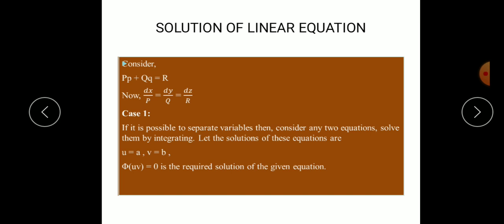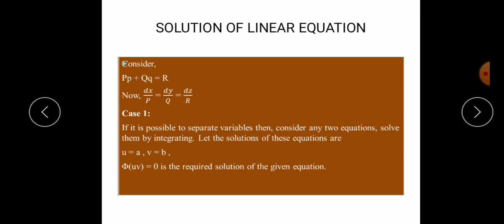So look at here. Suppose the given equation is of the form Pp plus Qq equal to R. So clearly its auxiliary equation is dx upon P is equal to dy upon Q is equal to dz upon R. Okay.